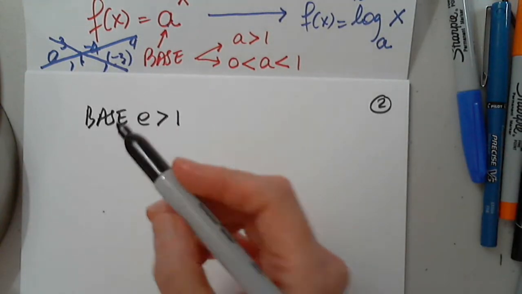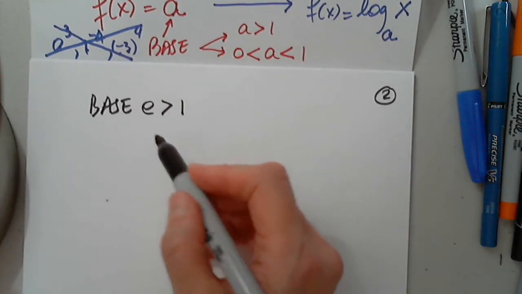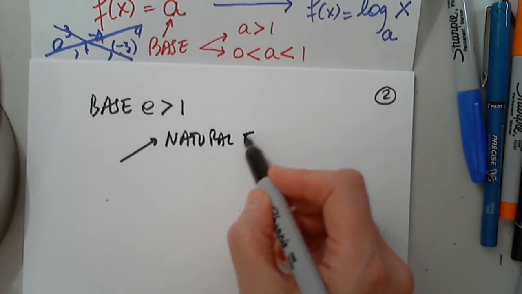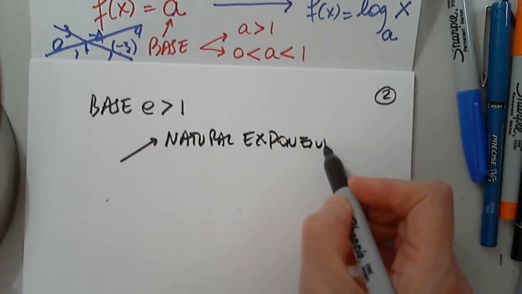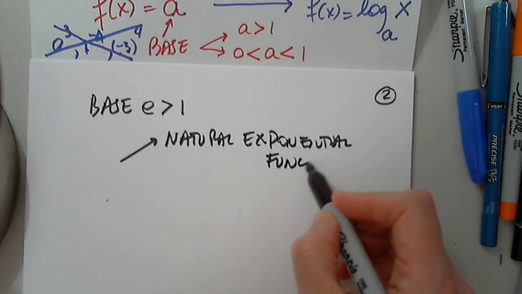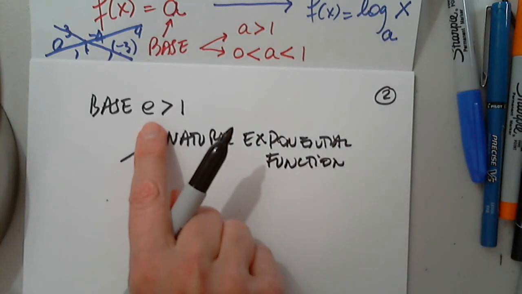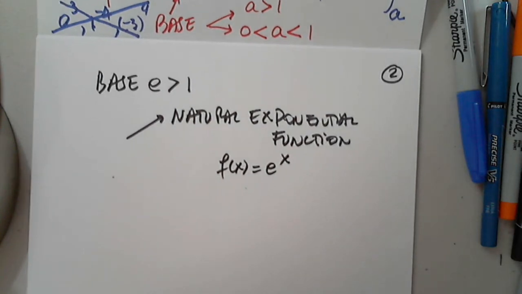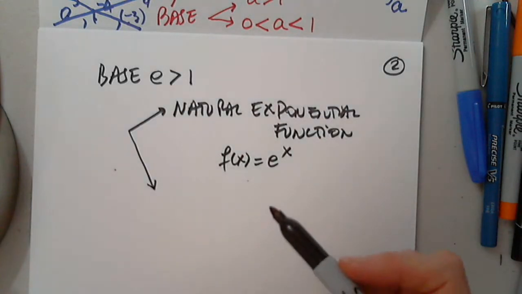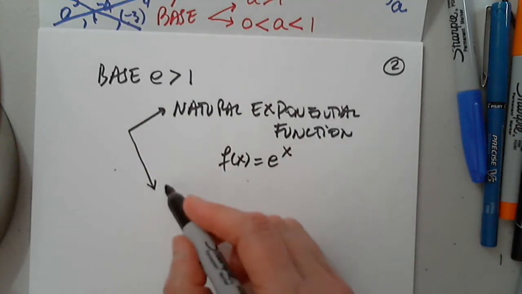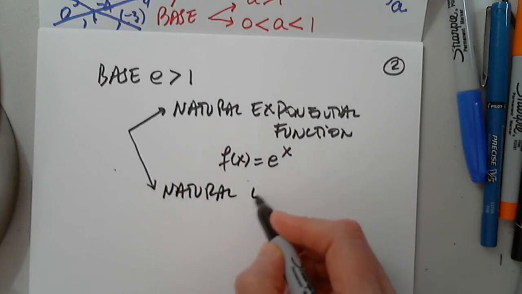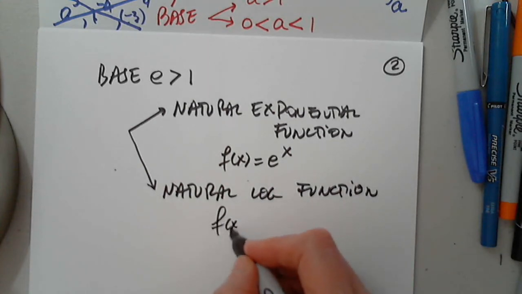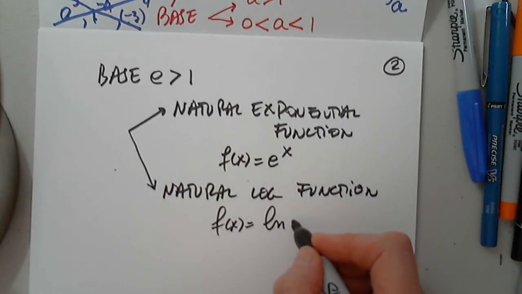So if we want to talk about this, this is two things here. One, the natural exponential function, which means the base is e. So this is f of x equals e to the x. And of course, the natural log function, which is the inverse of this, f of x equals natural log x.